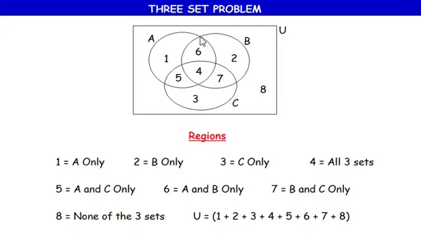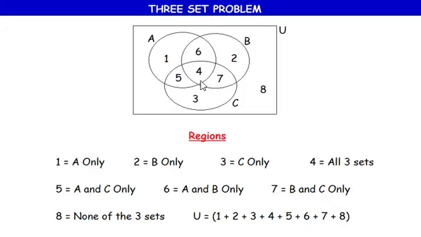Now if I ask you to find the members that belong to set A and set B, that is both A and B, we are going to consider this oval shape here, just as we saw with the two set problem.